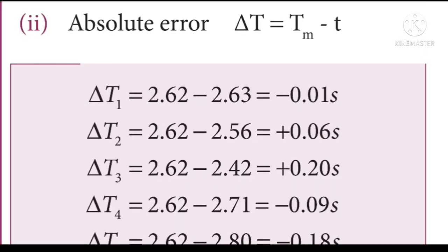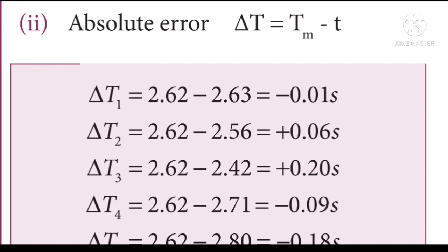Next, we have to calculate the absolute error of each measured value, which is calculated by the equation del t is equal to Tm minus Tt, where Tm represents the mean value and small t represents the measured value. The absolute error of the first measured value is 2.62 minus 2.63, which is equal to minus 0.01 second.